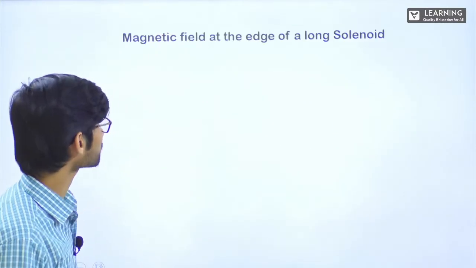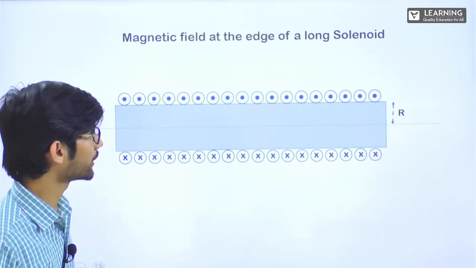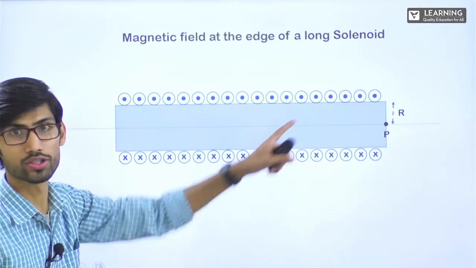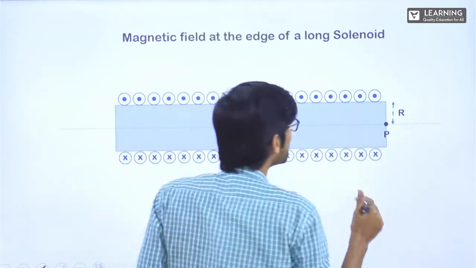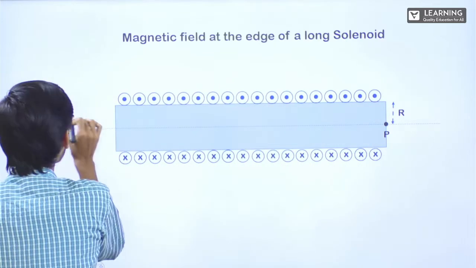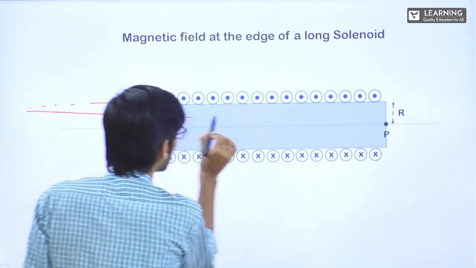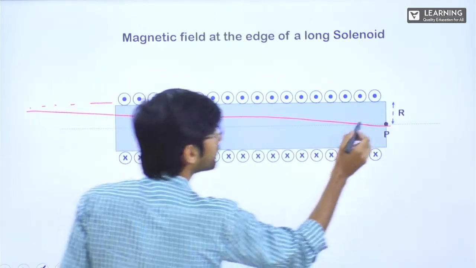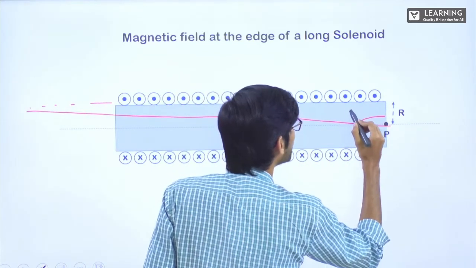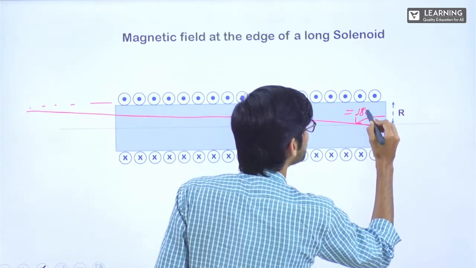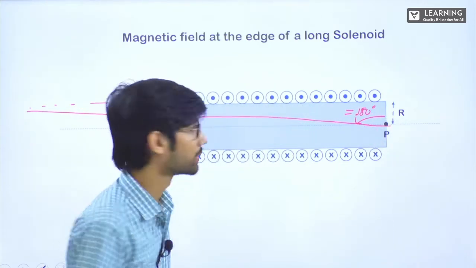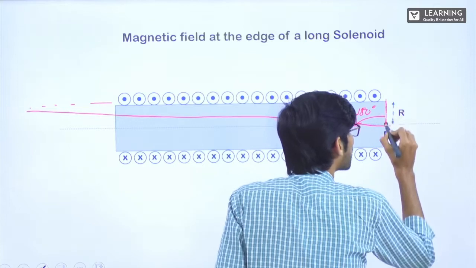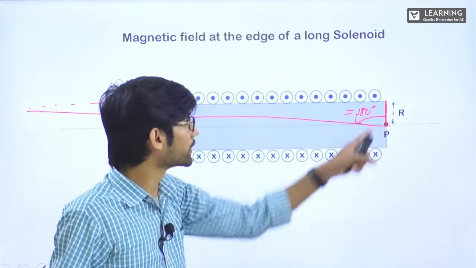Just see. This is a solenoid, radius R, point P. Exact at the edge. Now exact at the edge, obviously this particular part is infinitely long away. So this, if you see, it will be 180 degrees only, no doubt in that. Nearly equal to 180 degrees. But this, it is at the other end.